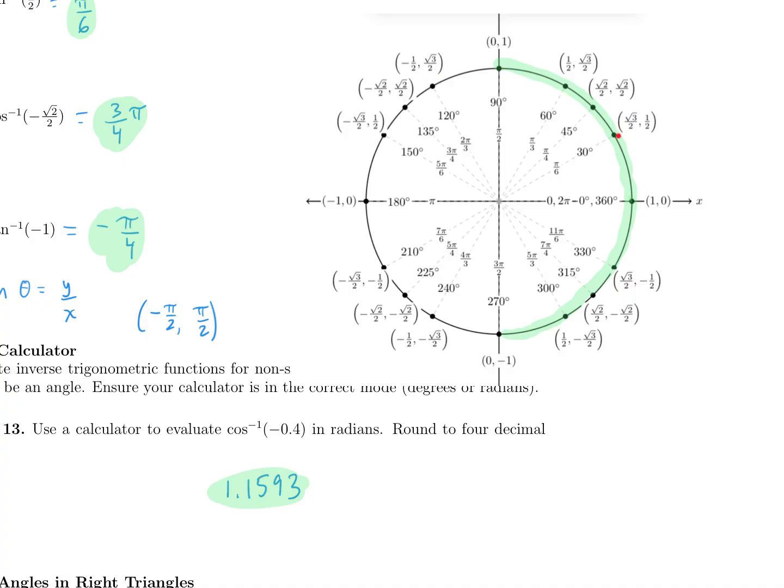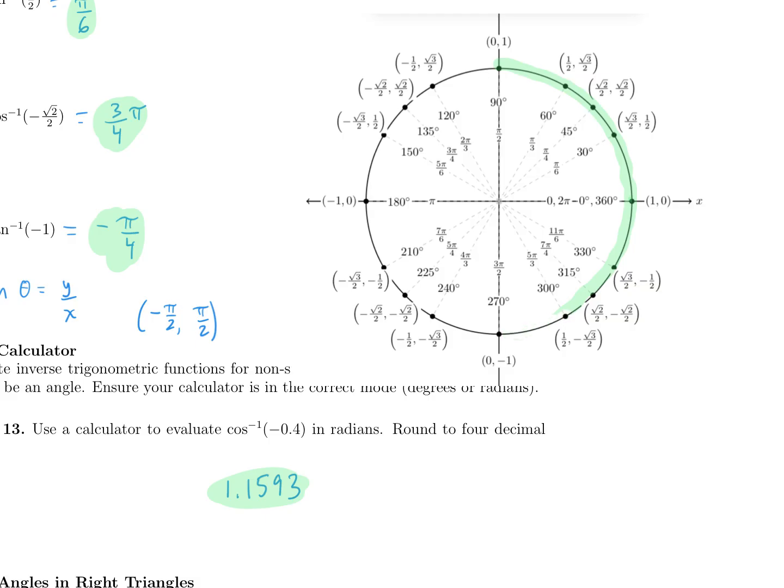You want to go to the right side of the circle because that's where inverse sine is defined, and look for the angle that has the same sine value as square root of 3 over 2, and it'll be this one right here. This angle is in the correct domain, and it has the same sine value as 2/3 pi. And so the answer is pi over 3.